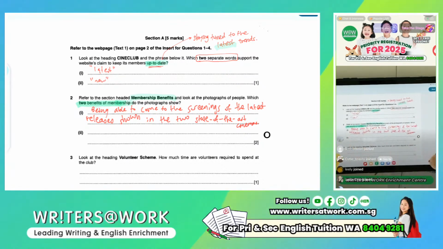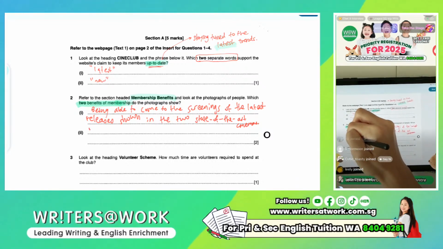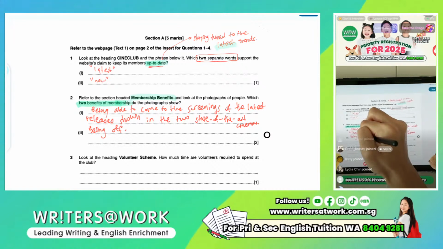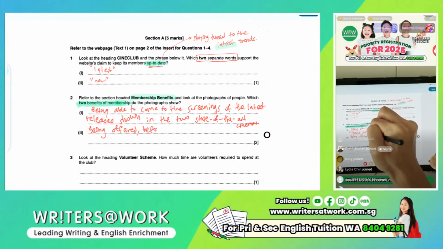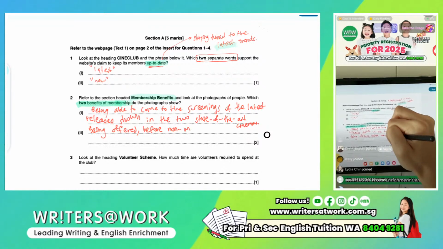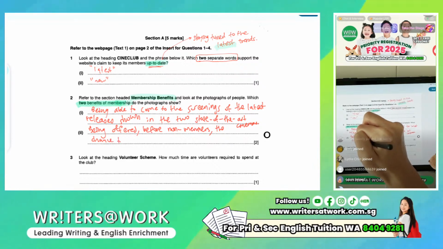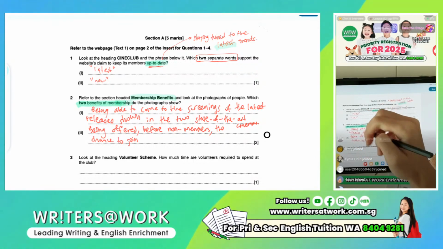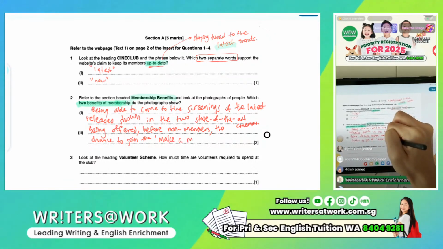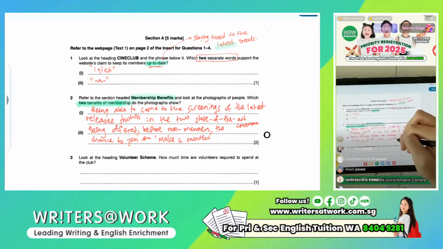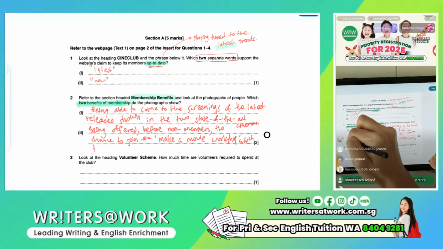And the second one is being offered before non-members the chance to join the make a movie workshop which takes place every month.